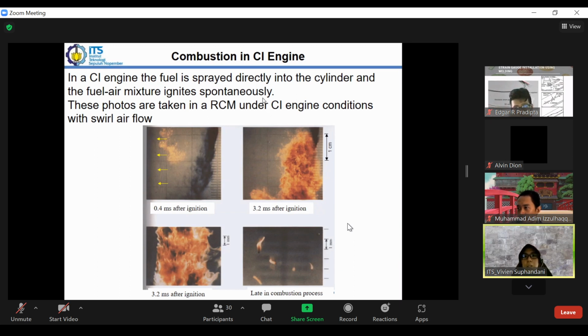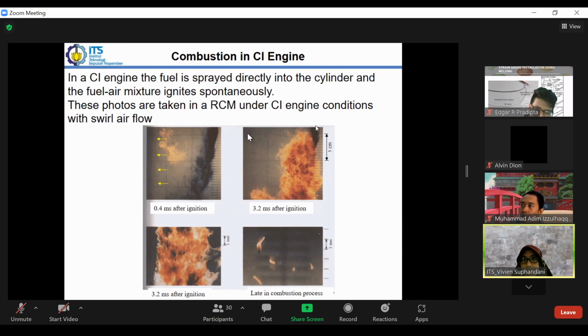We see that about 0.4 milliseconds after ignition there is already an ignition here, and 3.2 milliseconds after ignition it becomes larger.